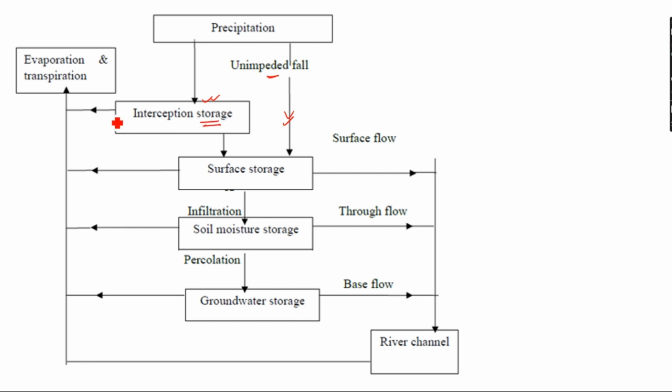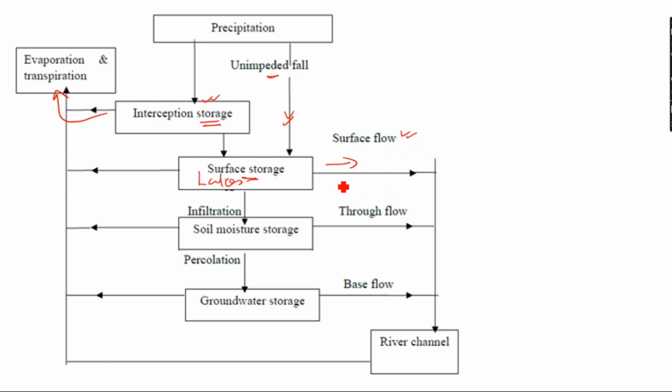Then from the leaves of the trees, it can go back to the atmosphere through transpiration and evaporation. Then from there, we have surface storage. This way we are talking about things like the lakes, the streams, and then from the surface storage, the water can flow on the surface.